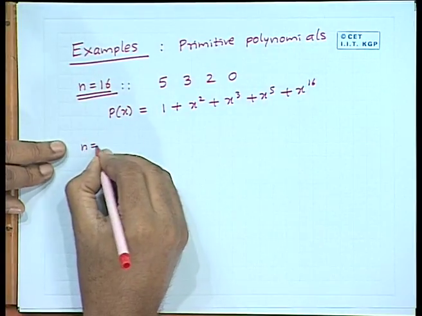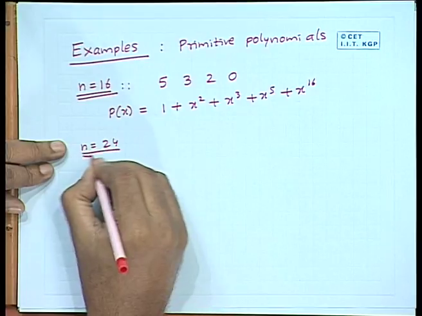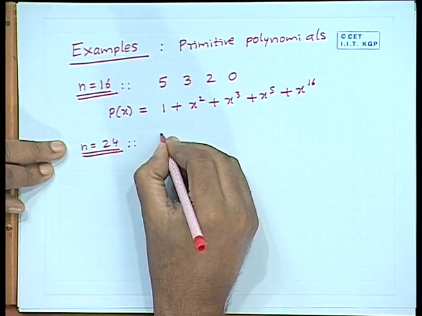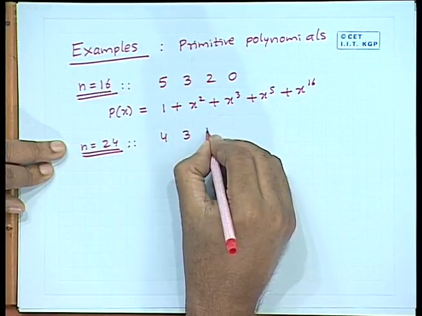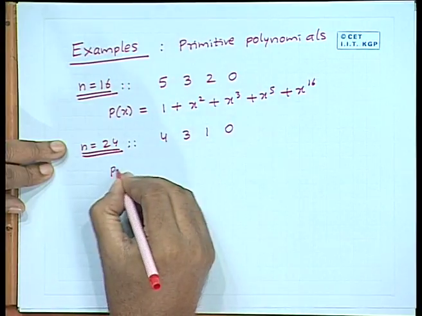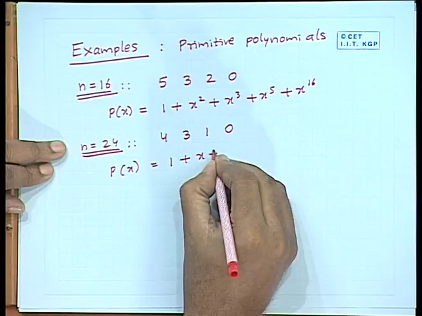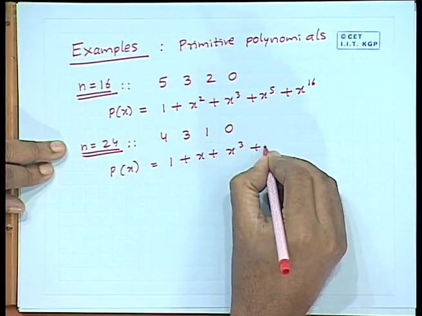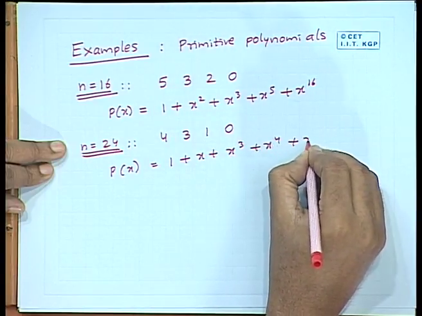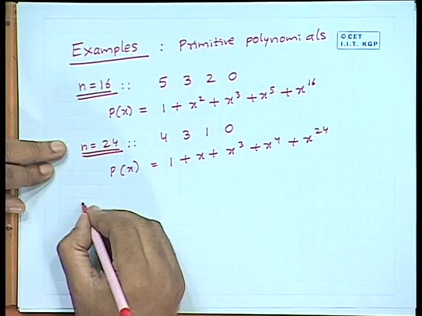You take n equal to 24, say. For 24 you will see that a polynomial like this is listed: 4, 3, 1, 0, which means p(x) is 1 plus x plus x cube plus x to the power 4 plus x to the power 24.